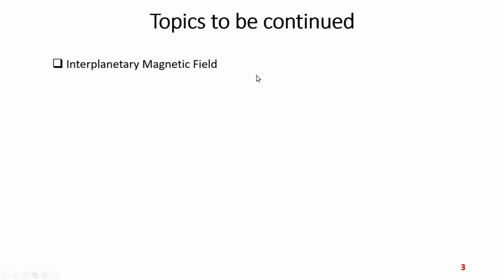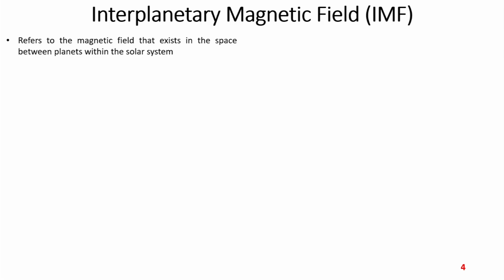We will continue from where we started yesterday, discussing the interplanetary magnetic field. We will see the behavior of the interplanetary magnetic field, and then we will study another very important topic, the co-rotating interaction regions, also called CIR. So, what is the interplanetary magnetic field, also called the IMF?